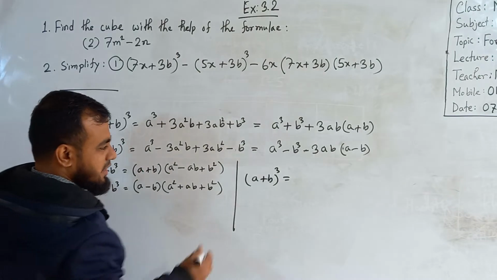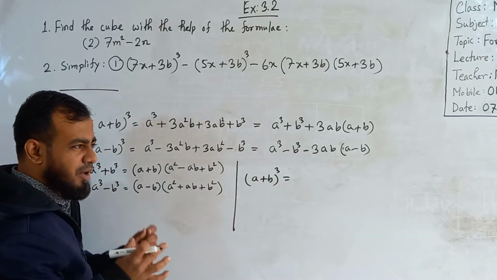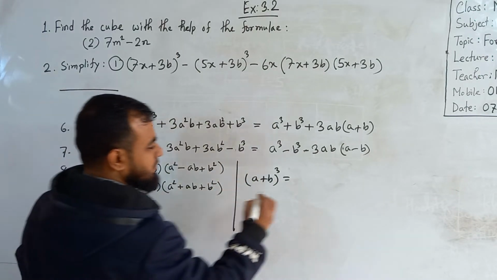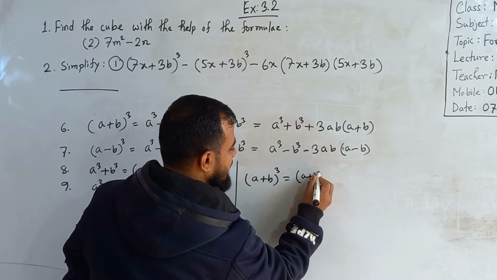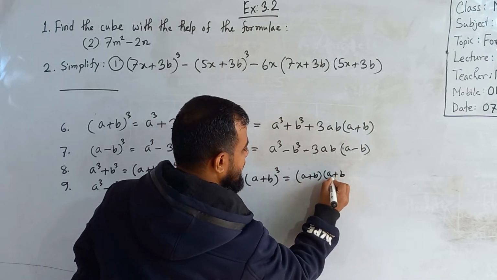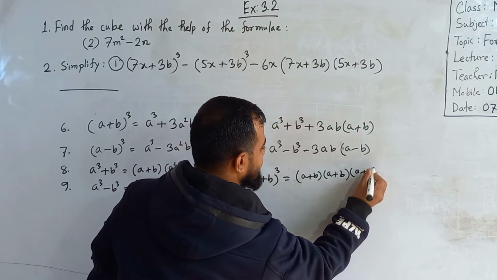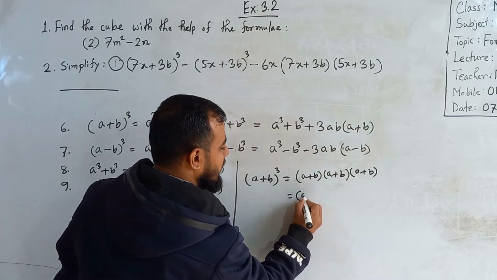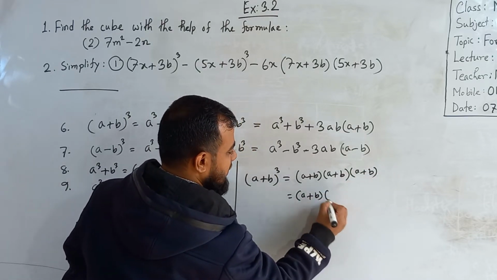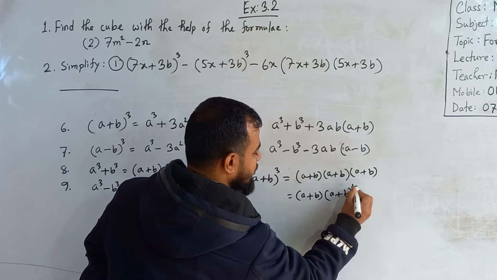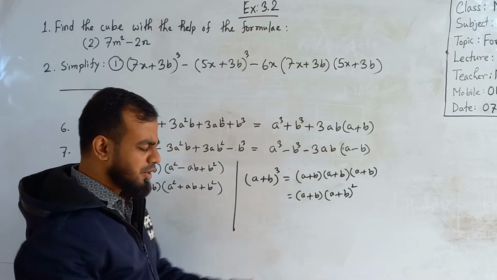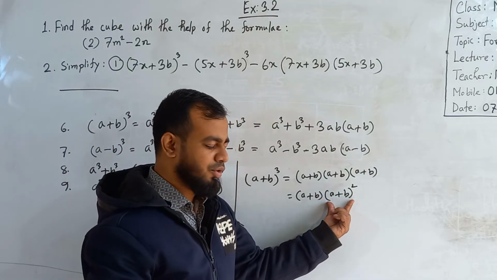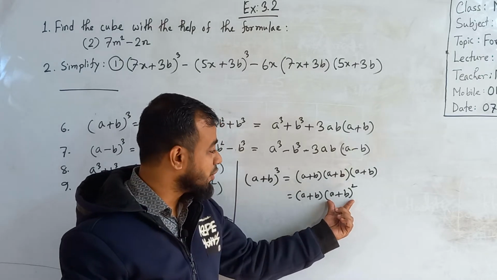This means that (a+b) is multiplied by itself 3 times, that is (a+b) into (a+b) into (a+b). Or you can write it as (a+b) times (a+b) squared, because we have already learned the formula of (a+b) whole square.